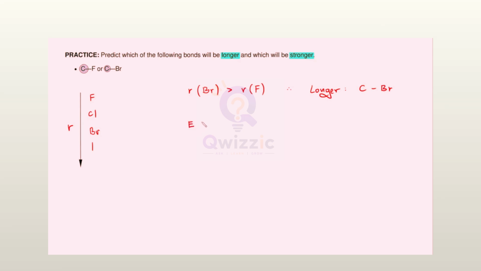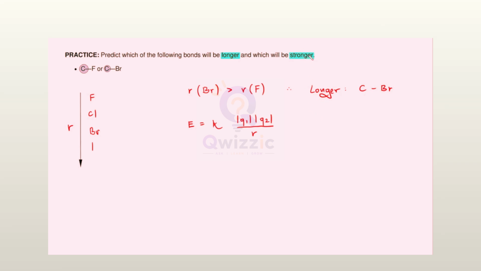Now, thinking about the bond strength, we can consider Coulomb's law and its energy expression. The bond dissociation energy E is equal to the Boltzmann constant k multiplied by the magnitude of the first interacting charge multiplied by the magnitude of the second interacting charge divided by the distance r between the two interacting charges.